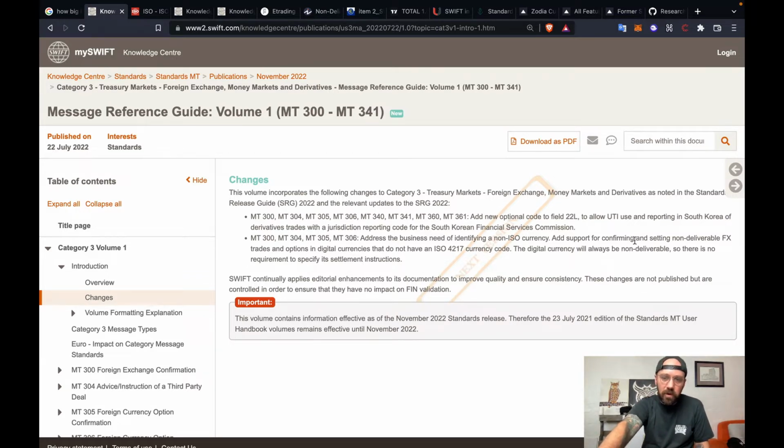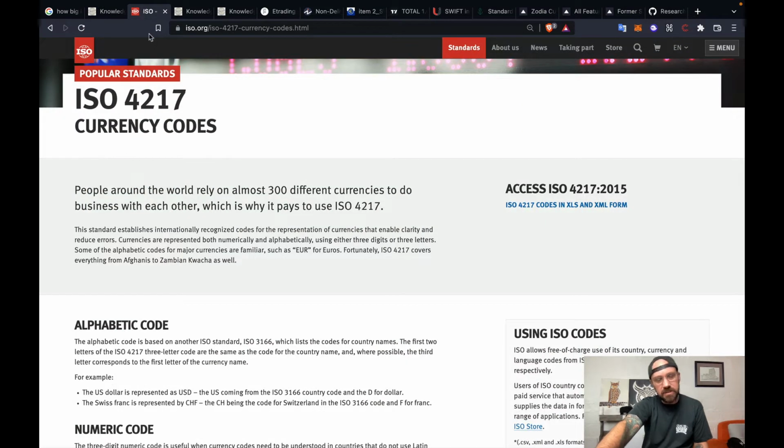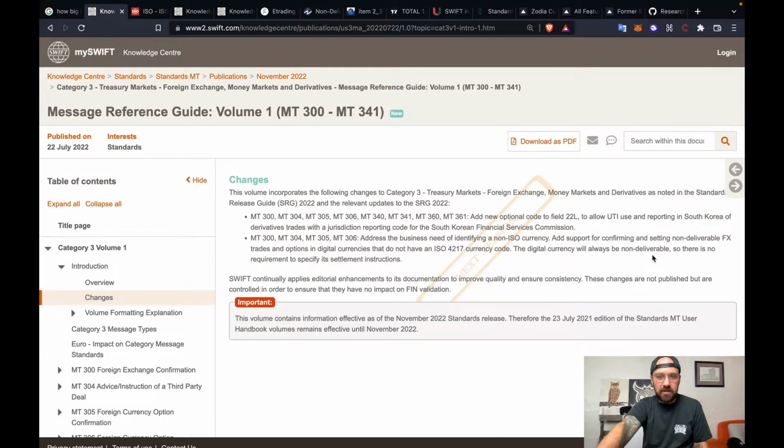Add support for confirming and setting non-deliverable foreign exchange trades and options in digital currencies, aka cryptos, that do not have ISO 4217 currency codes. We'll get into that in a second. So, adding an initiative where you can have non-deliverable trades flowing through digital assets.